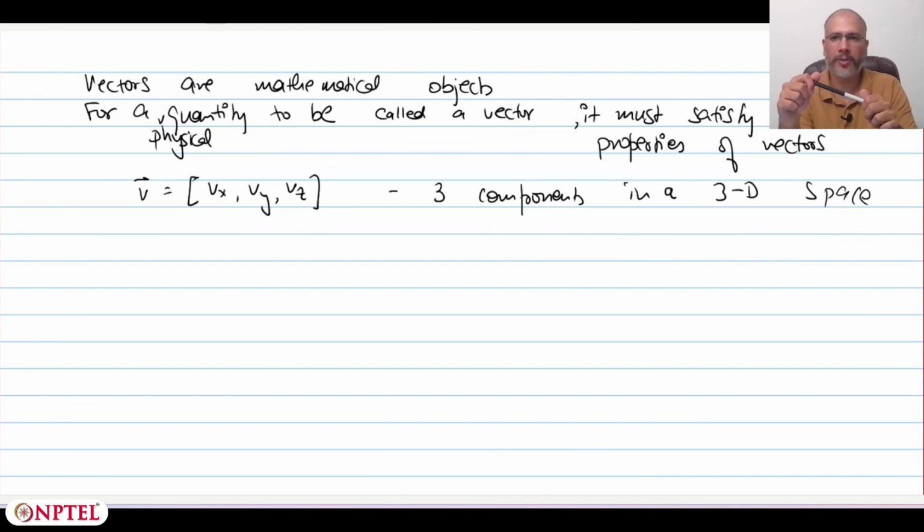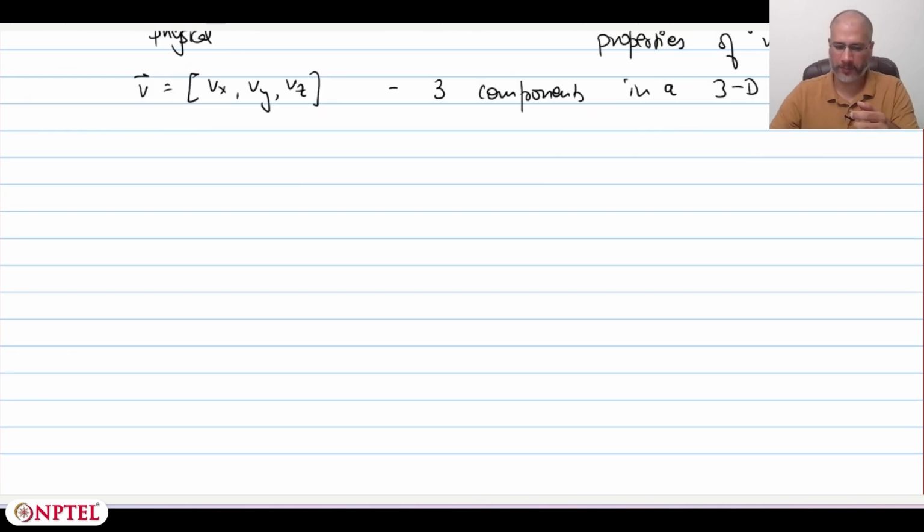So the three components will definitely change, or in most cases will change in tensorial objects, if we rotate our coordinate system. Again, we'll discuss more about it when we start generalizing the concept of tensors.